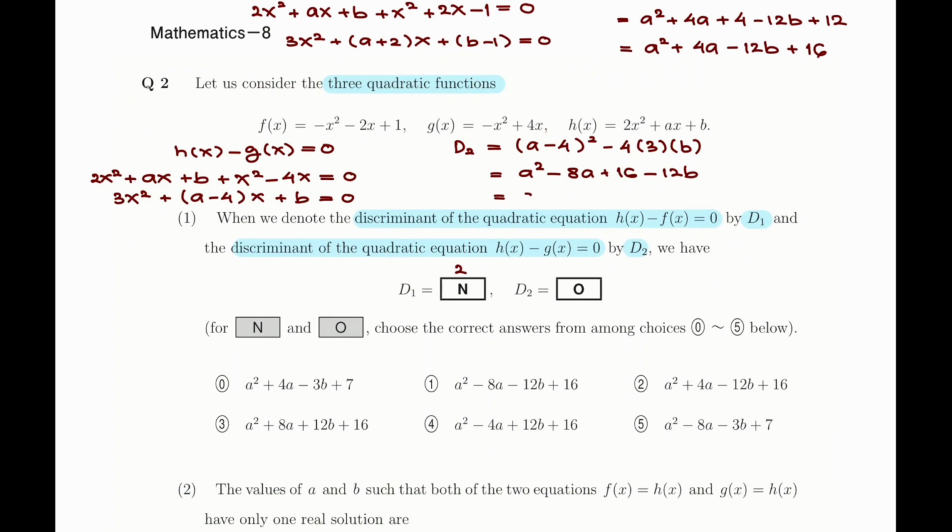Then if I rearrange my expression, d2 is a squared minus 8a minus 12b plus 16. Then the correct expression for d2 is number 1. So this is d1, and this is d2.